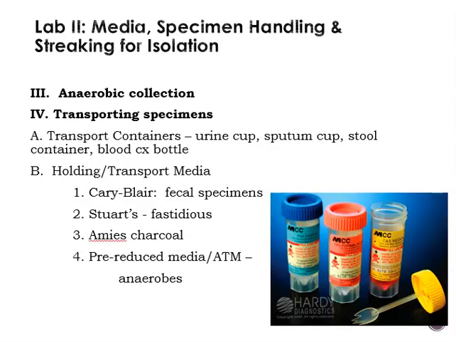Now we're going to talk about anaerobic collection just a little bit. We'll get into this much more later on. So you can read about anaerobic collection and processing in the book. We're not going to go into it too much right now. For now, mainly just know that if a specimen is delivered for anaerobic processing, it must be in a proper anaerobic collection or storage device.